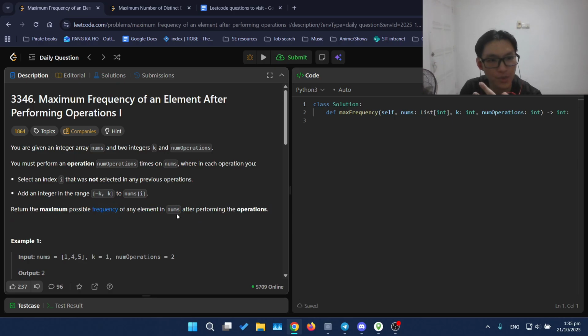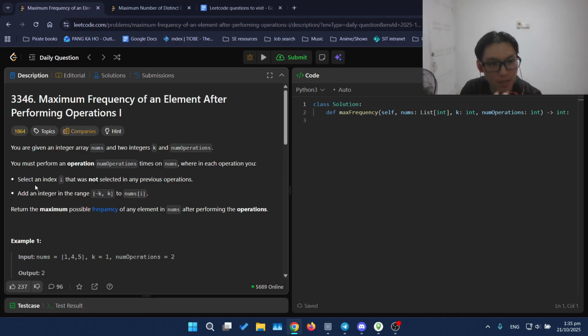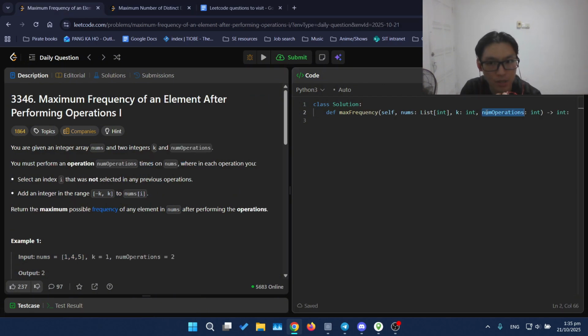So it's kind of like the opposite, if you think about it. Because there we actually want to minimize the frequency of elements in nums, but here we want to maximize it. And we can only perform it this number of times on nums, whereas there we can perform it once on every element, so the number of operations equals the length of nums.